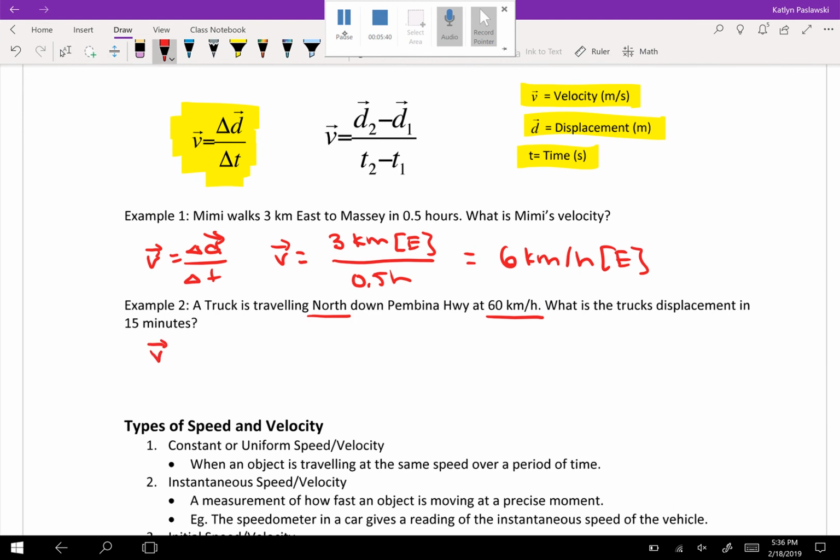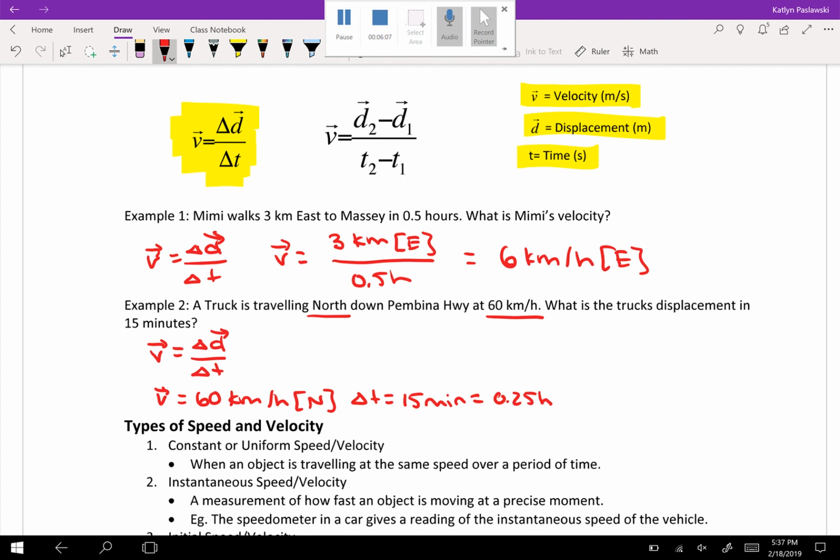So if I have my formula, velocity is equal to the change in displacement over the change in time. Velocity is equal to 60 kilometers per hour, and that was north. Time was equal to 15 minutes, which is equal to 0.25 of an hour.